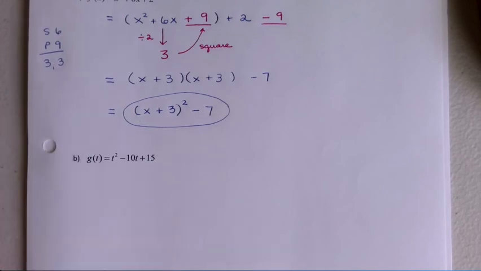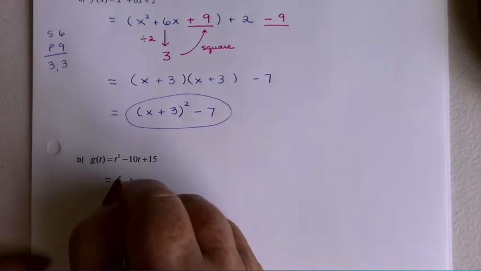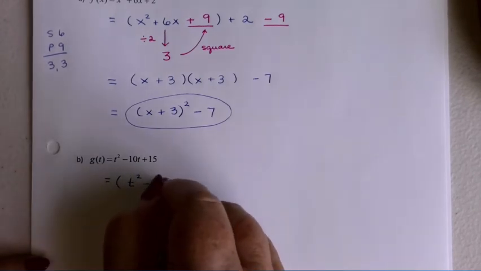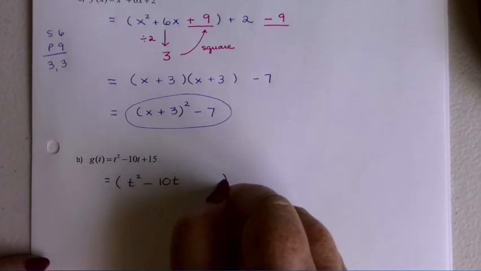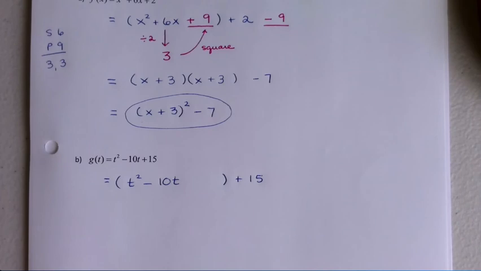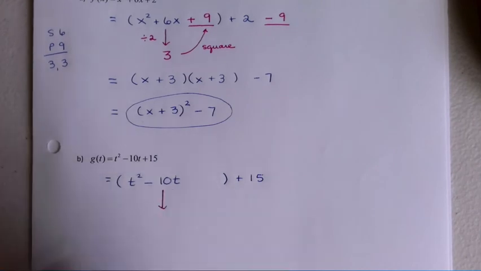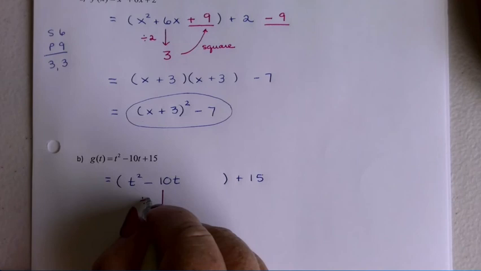G of t is t squared minus 10t plus 15. And I'm going to start by separating off the parts that contain a variable, t squared minus 10t, and then the plus 15. Okay. Same process. I take this middle term and divide it by 2.